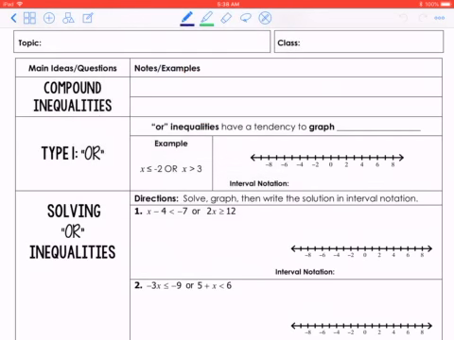Let me change color here, and then write down that this is lesson 2.9. Again, you can either have this printed out or just write it directly in your notebook. So compound inequalities are two inequalities, or more.